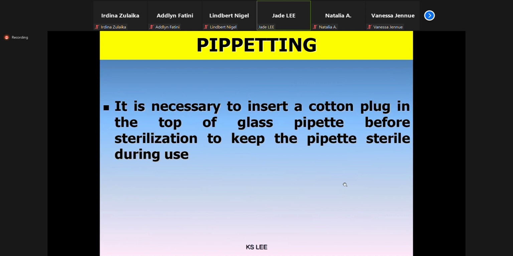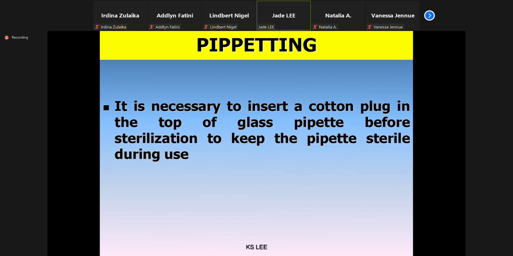For pipetting, it is also necessary to insert a cotton plug in the top of the glass pipette before sterilizing, to keep the pipette sterile during use. So for the glass pipette, when you want to sterilize it, you need to put a cotton plug on the neck, so that when you heat it up to 170 or 180 degrees Celsius for about 6 hours and then take it out, the internal glass environment is totally clean and sterile.